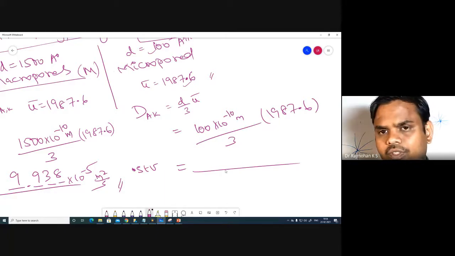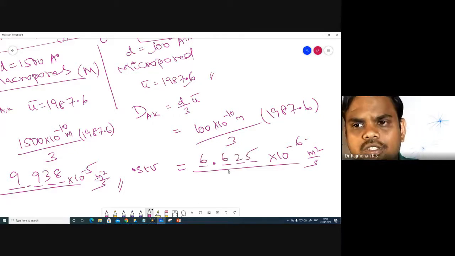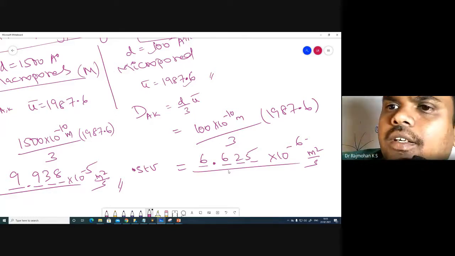I told you to follow 5 digits, after decimal 4 digits. If we write in minus 5 meter square per second, we are getting 0.66 something. So we adjust here in terms of 10 power minus 6. So it is 6.625 into 10 power minus 6 meter square per second.